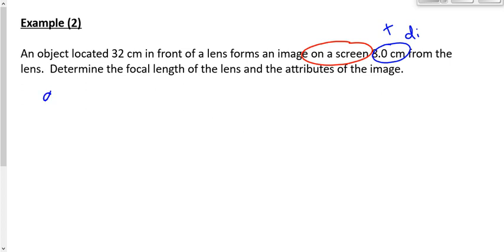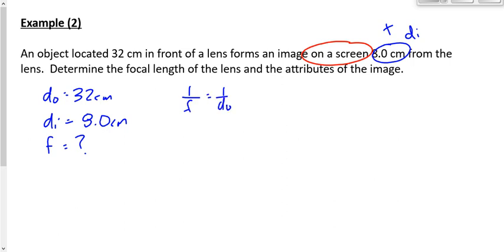An object distance is 32 centimeters. The image distance is positive 8 centimeters. We want to determine the focal length and the attributes. We'll worry about the attributes in a moment here. 1 over F is equal to 1 over DO plus 1 over DI. 1 over 32 plus 1 over 8.